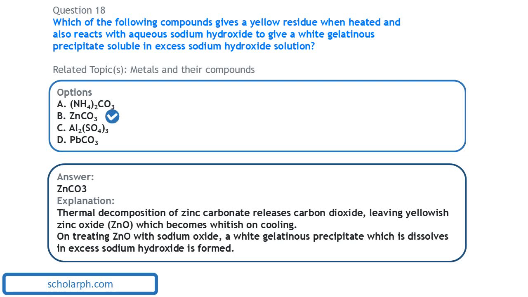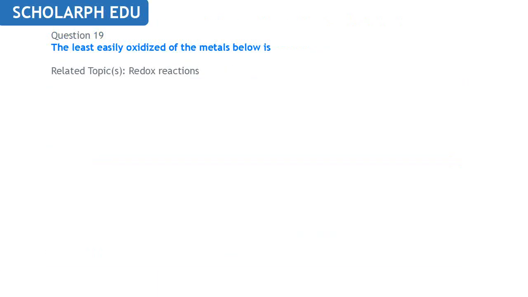When zinc trioxocarbonate is heated, it will decompose to release carbon dioxide, leaving a yellowish zinc oxide, which will become whitish on cooling. When you add sodium hydroxide to this zinc oxide, a white gelatinous precipitate is observed, and that precipitate is going to dissolve in excess sodium hydroxide.